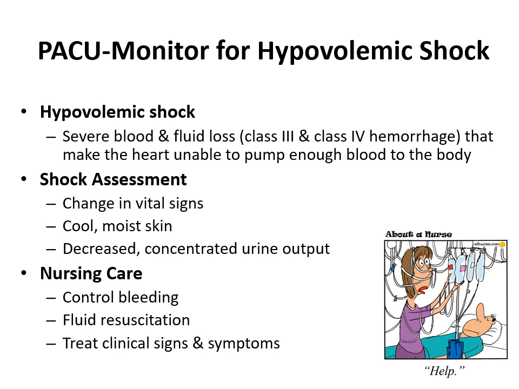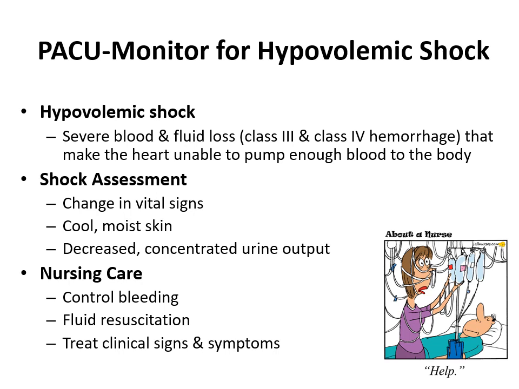You're going to see changes in vital signs, which include extreme tachycardia, decreased blood pressure, cool, moist skin, and diaphoresis, that sweating, cool, moist skin. You're going to see decreased, concentrated urine output, at least less than 30 cc's an hour, typically less than 20.